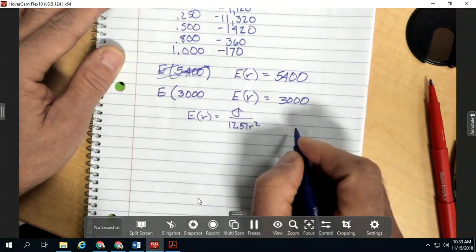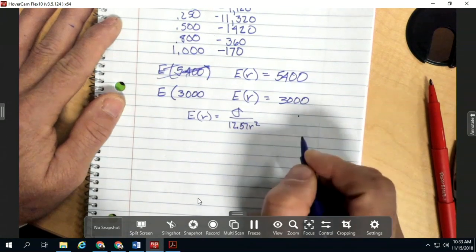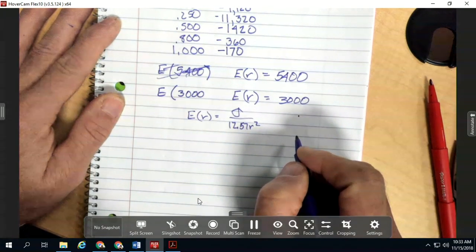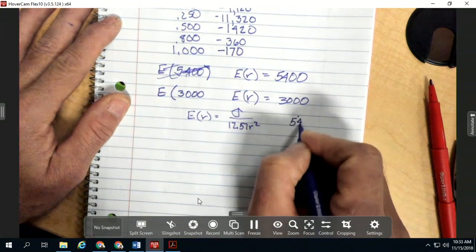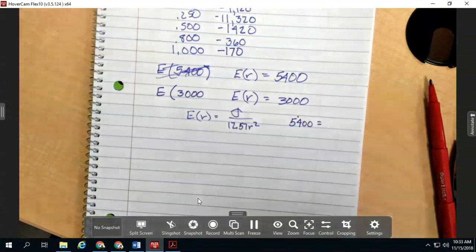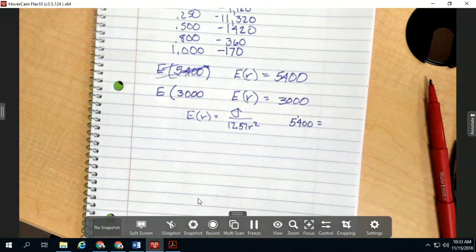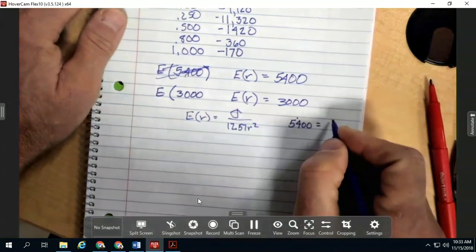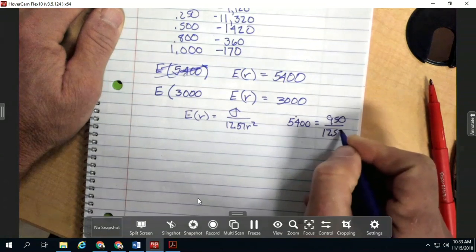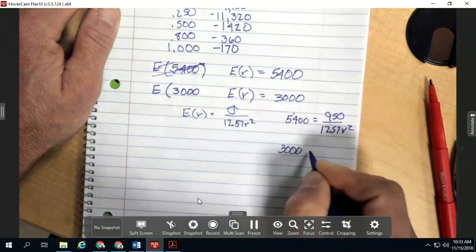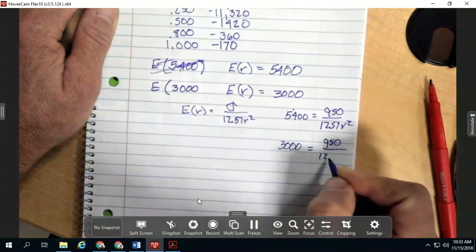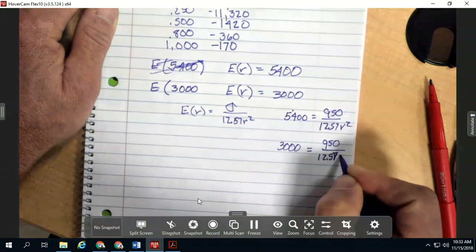So we will take 5,400, and I forgot what it said our brightness is. 950. 5,400 is 950 over 12.57 R squared, and 3,000 is 950 over 12.57 R squared.